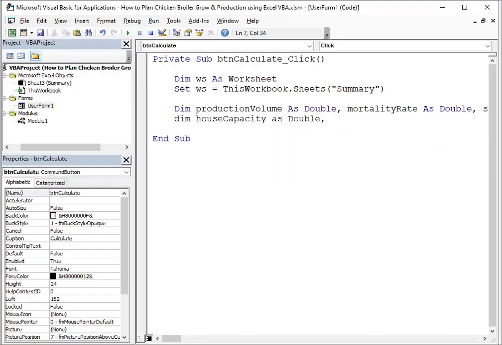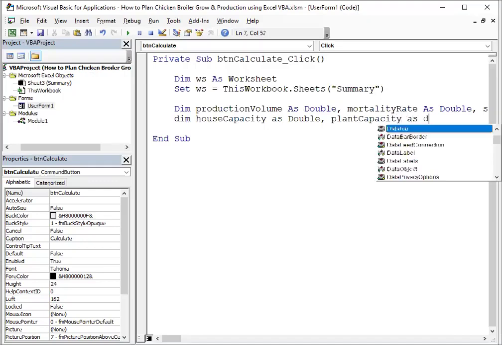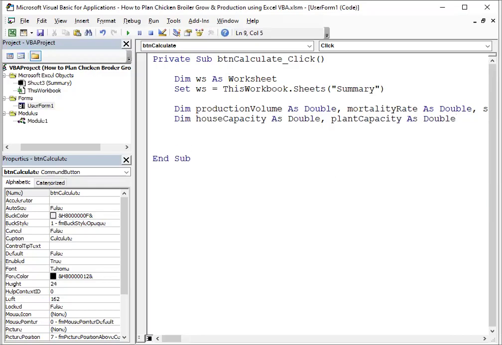What's next? Of course, the plant capacity, plant capacity As Double again. Then we're going to set the production volume. We're going to do the equation now.